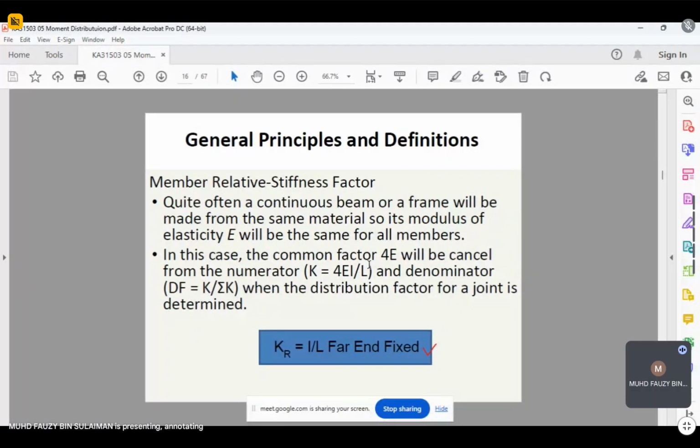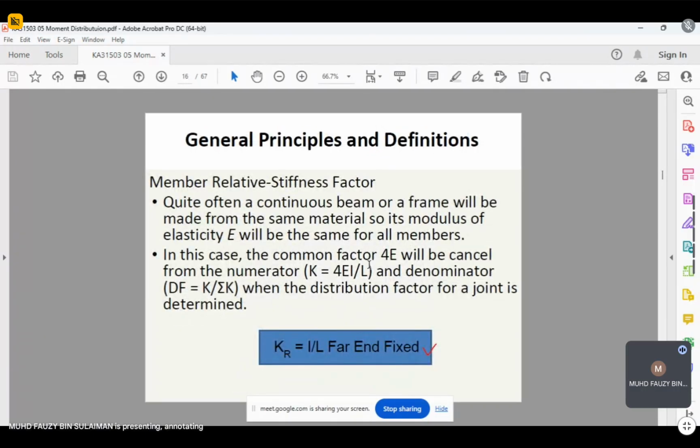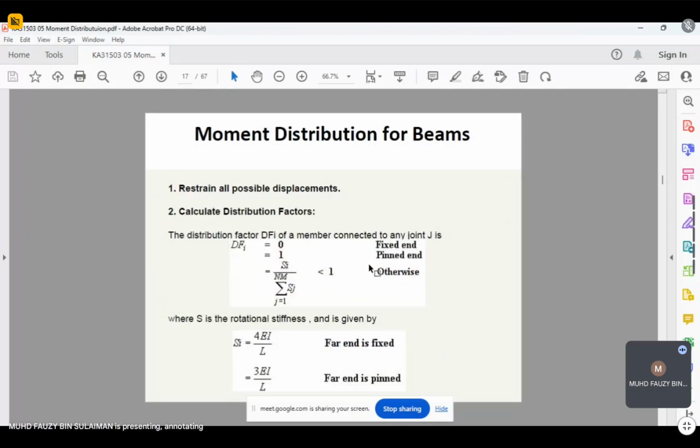The last one you have to find is the carryover factor. The carryover factor is fixed at 0.5. This is the formula that is given in your final.